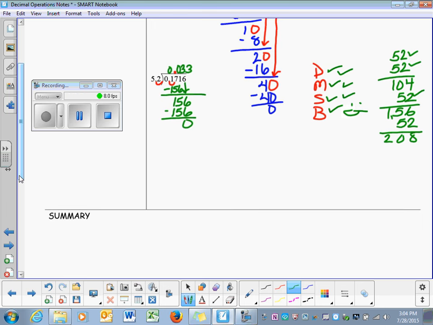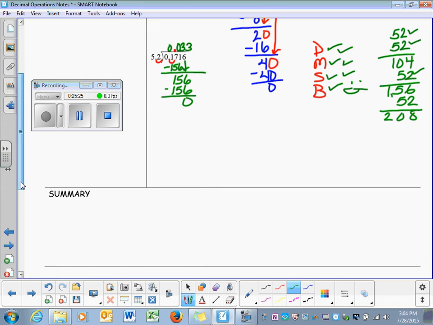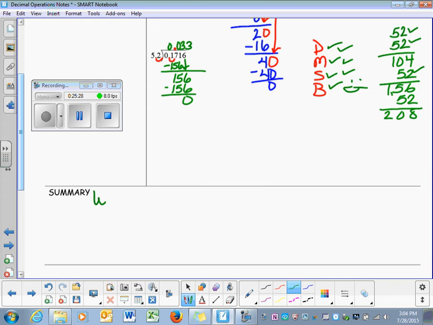So, a summary for the notes on decimals. When adding and subtracting, line up the place values.